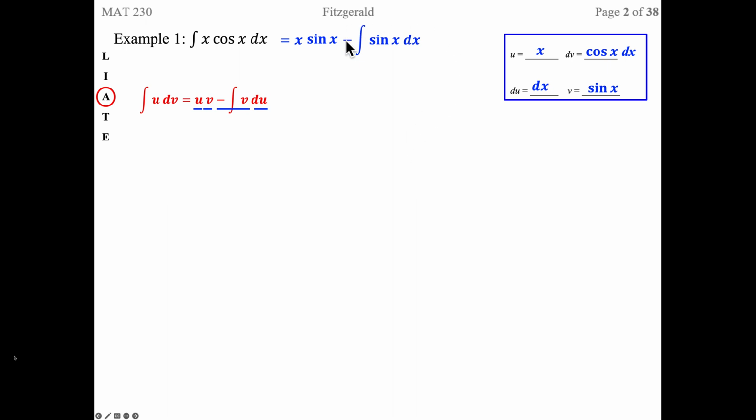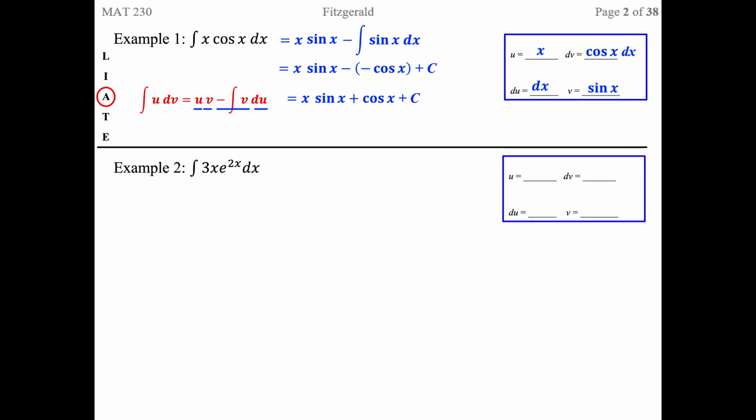And from here, I can integrate sine of x. The integral of sine of x is negative cosine x. Don't forget your plus c, because we have no bounds. Then the minus the negative will change that to a plus, and you are done. So it's like we just did the integral of the product rule, but we call it integration by parts.